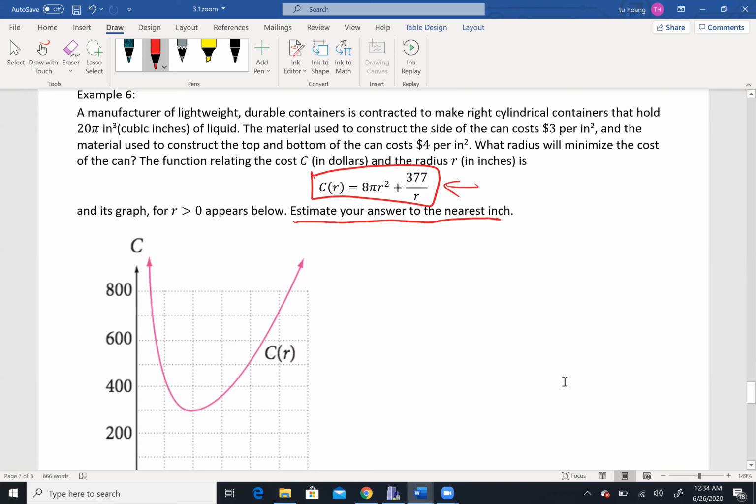Okay, so the main question in here is what radius will minimize the cost of the can, right? So I'm going to say, okay, r equal to question mark, that makes C a minimum, right?